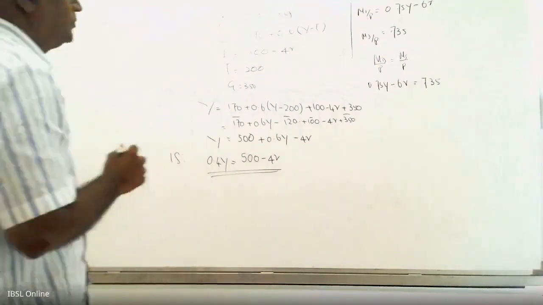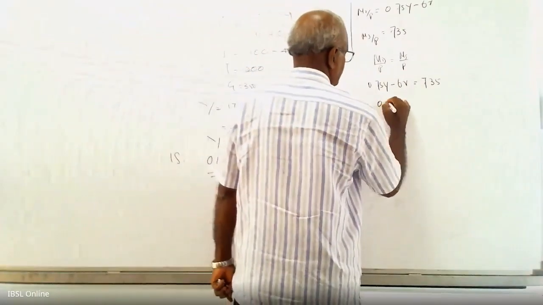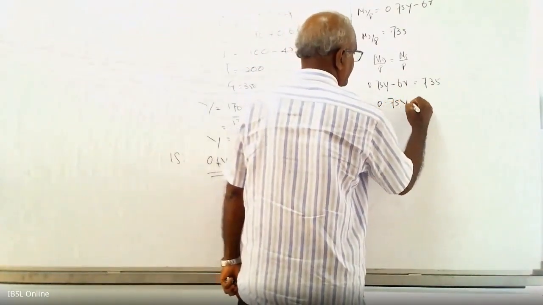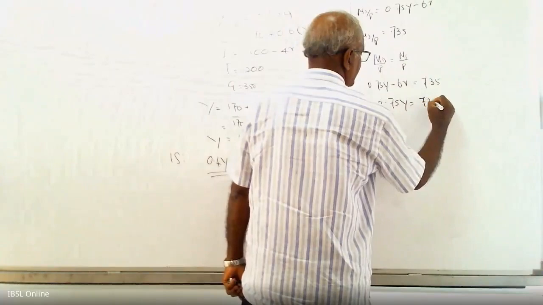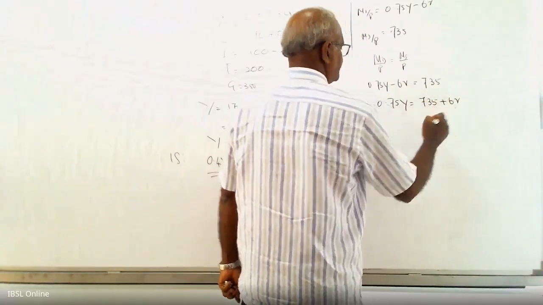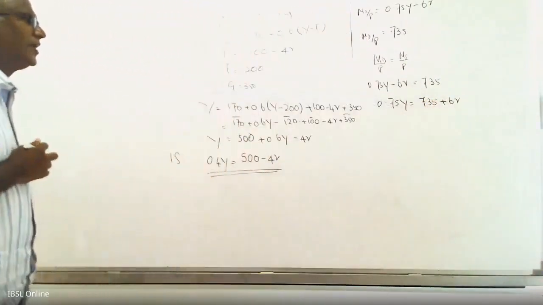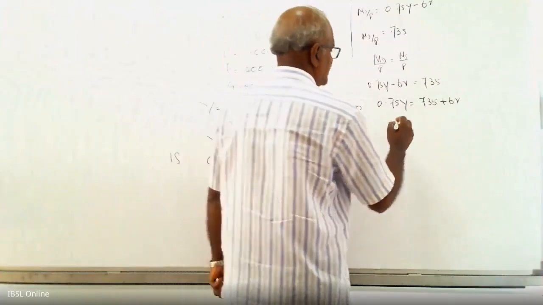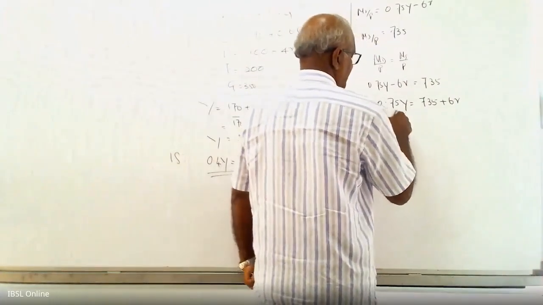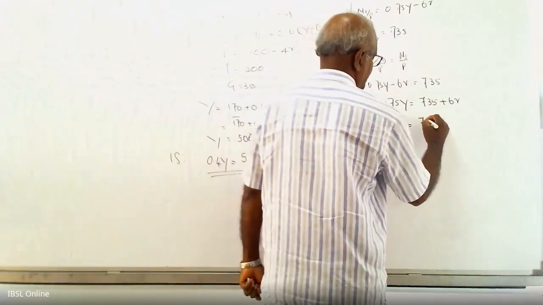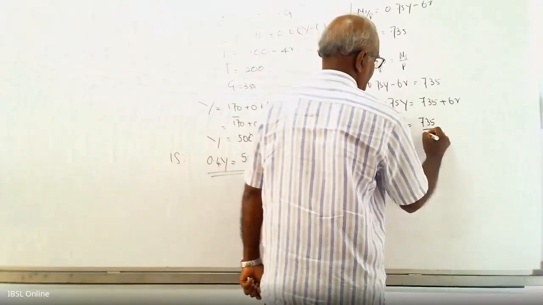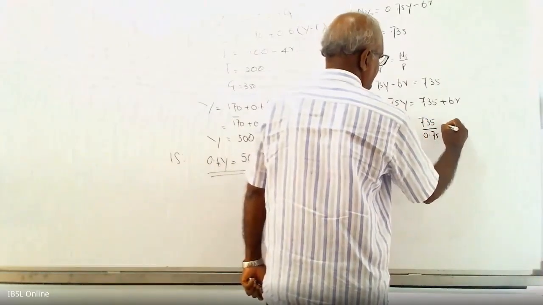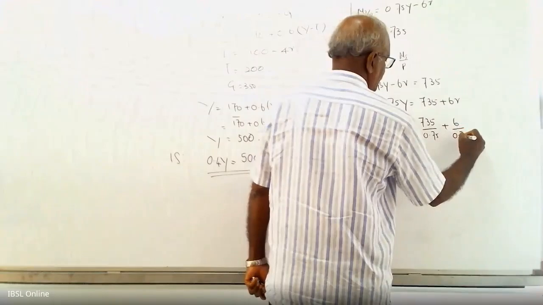This can be written as 0.75Y equals 735 plus 6R. Or you can divide both sides by 0.75: Y equals 735 divided by 0.75 plus 6 divided by 0.75 R.